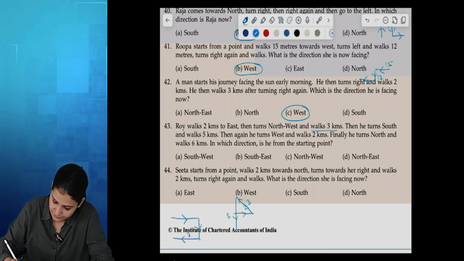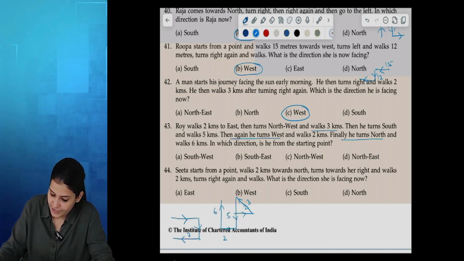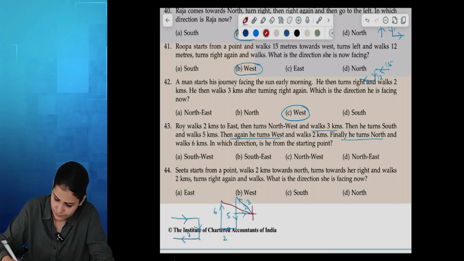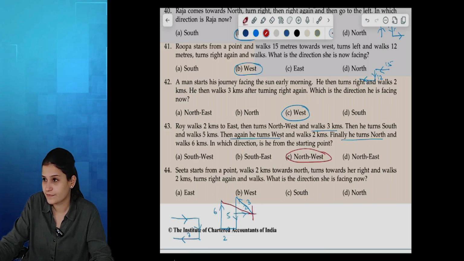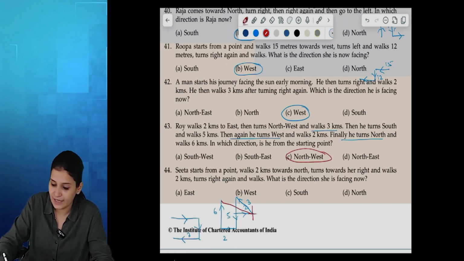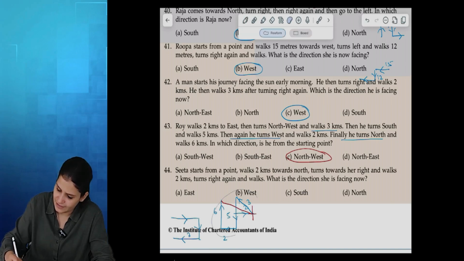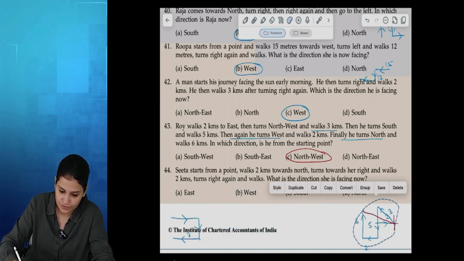Then again he turns west and walks 2 kilometers. Finally he turns north and walks 6. In which direction is he from the starting position? Northwest. It should not be exactly 45 degrees. It can be a little tilt from north and west.